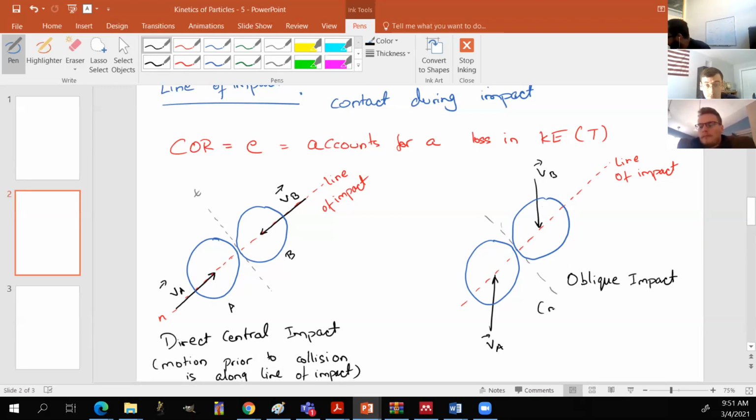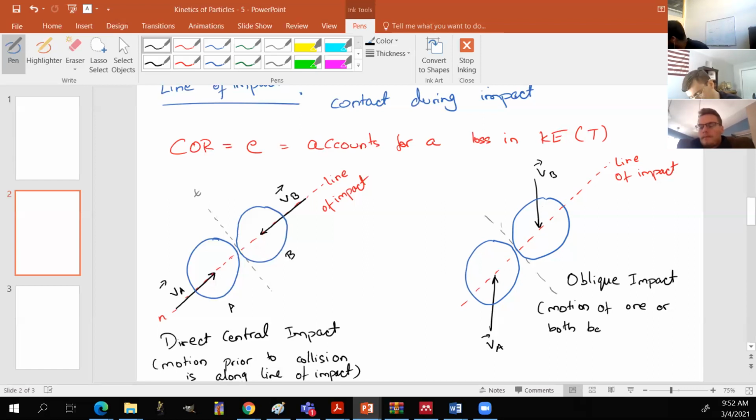Right, so there you have the motion of one or both bodies. So, even if one of them is traveling not along the line of impact, then you say that the collision is, that the impact is oblique.